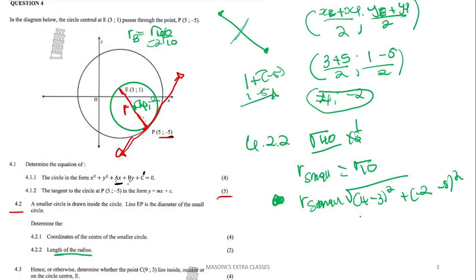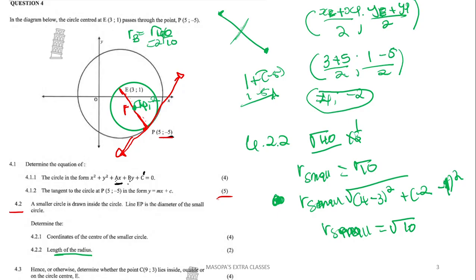Sorry, minus 1. Then you get the distance for the small circle, which equals root of 10 as well.